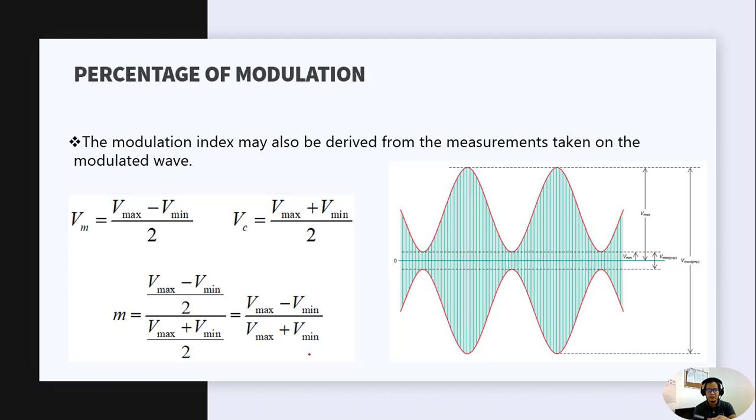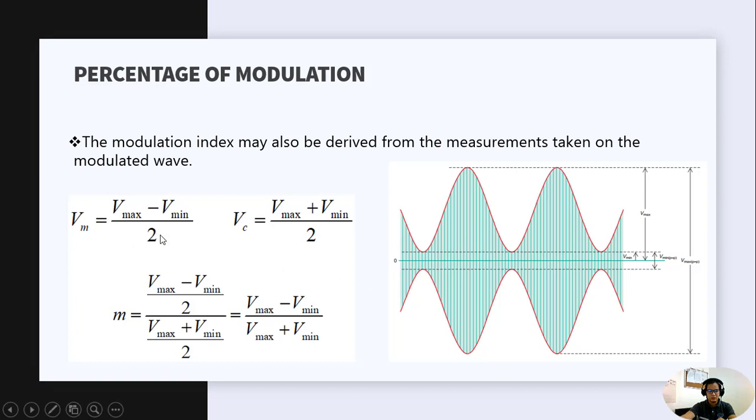So, pwede pa rin po natin ma-derive yung modulation index with this relationship that is stated here. The peak modulating voltage is equal to Vmax minus Vmin over 2. Vmax is the maximum value of the modulated wave. Vmin is ito, papunta sa 0. So that is the minimum voltage of our modulated wave. Vc naman, on the other hand, is Vmax plus Vmin over 2.